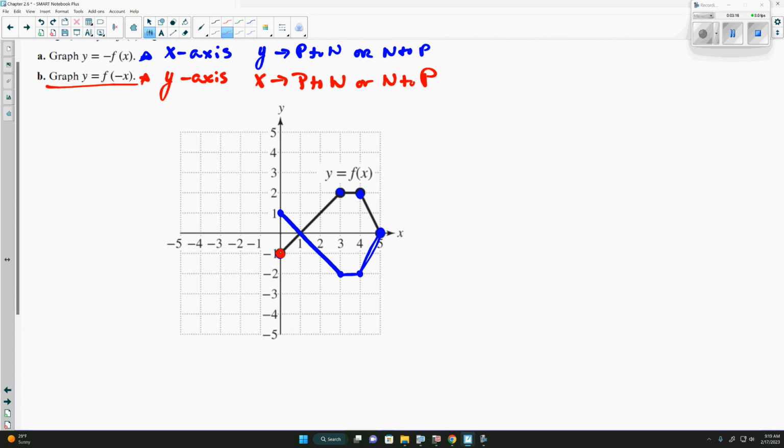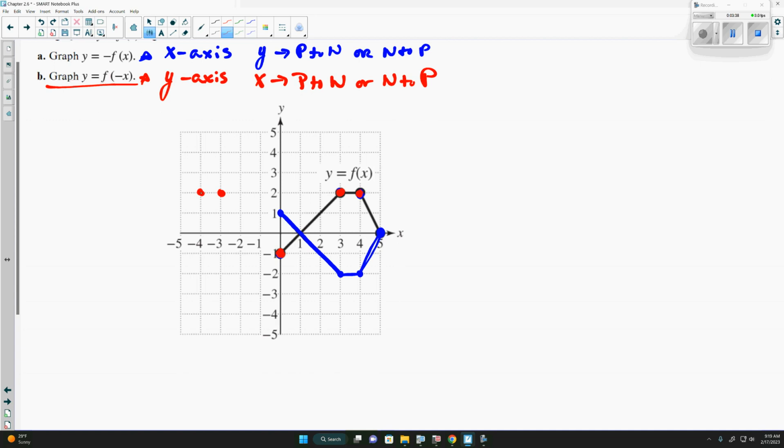So since we're flipping it across the y-axis, and our first point here is at the y-axis, it's not going to move. But our next point here is at positive 3. Now it's going to be at negative 3. The y value doesn't change, the x does. Here we're at positive 4, so now we're going to be at negative 4.